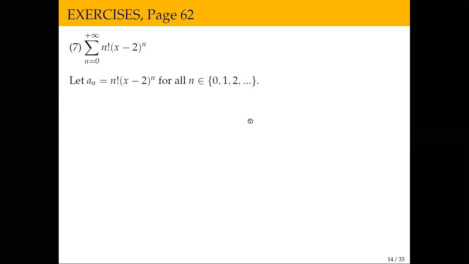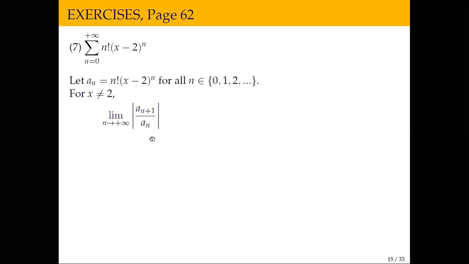Sabi natin, we wanted to apply the ratio test, and we can only apply the ratio test only when each term in the infinite series is non-zero. This will be non-zero for all values of x that is different from the center. So we exclude 2 before applying the ratio test.